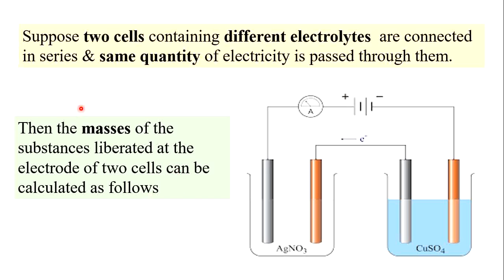Using that relation, we can find out the masses of the substances liberated at the respective electrodes in the two cells, and the relation between the masses of the two substances in the cells connected in series.